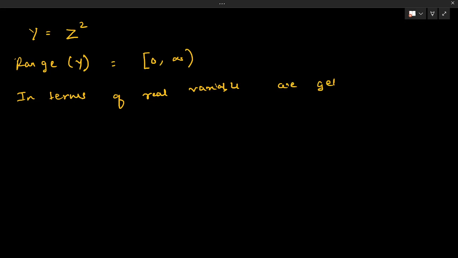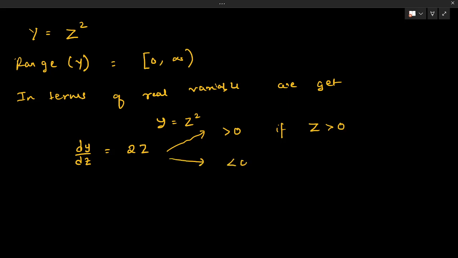we get small y equal to z square. Now if we differentiate y with respect to z, we get 2z. We know that the range of z is from minus infinity to plus infinity. So this value can be greater than 0 if z is greater than 0, and less than 0 if z is less than 0.